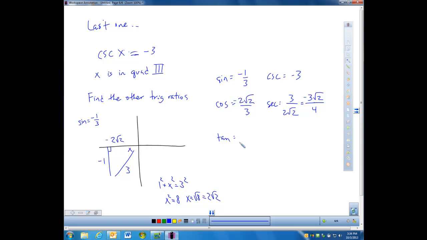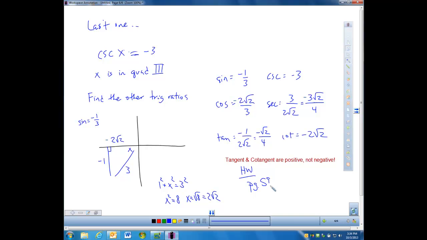My tangent, since it's negative over negative, should really be a positive radical 2 over 4, not negative, because it's negative divided by negative in this problem. And my cotangent should be a positive 2 radical 2. Make sure that you don't make those same mistakes I just made.